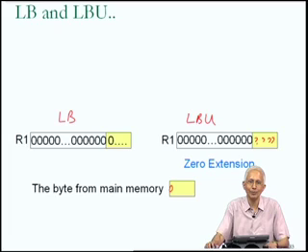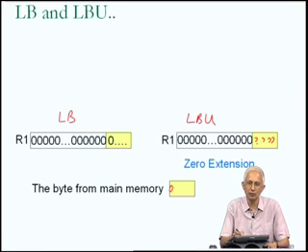Whereas in the case of the load byte instruction, the way that the remaining bits are filled or extended depends on what the most significant bit of the byte that was loaded is. Now the most significant bit, as we have seen, if we are talking about a 2's complement value, gives you some information about the sign of the value.